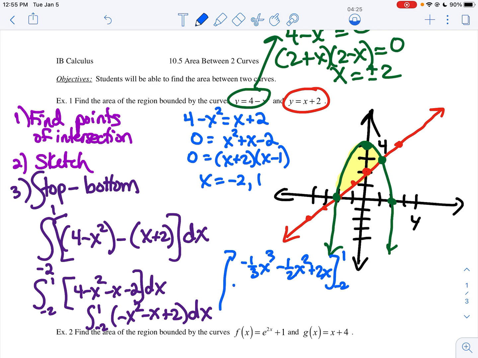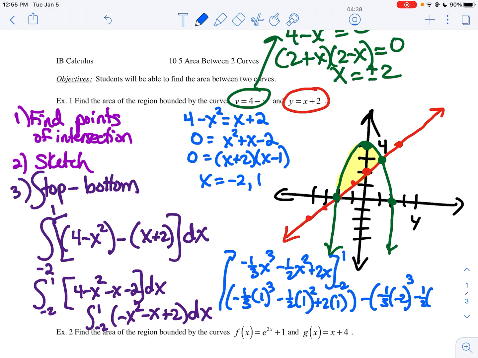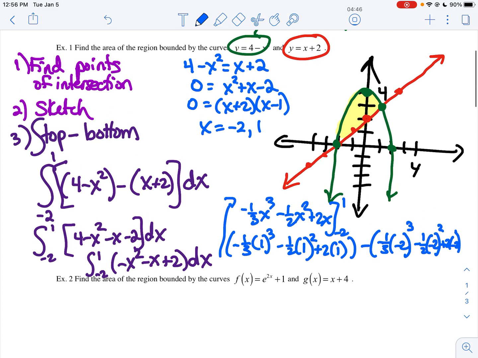This is from -2 to 1. Okay, so that's -1/3 minus 1/2 plus 2.